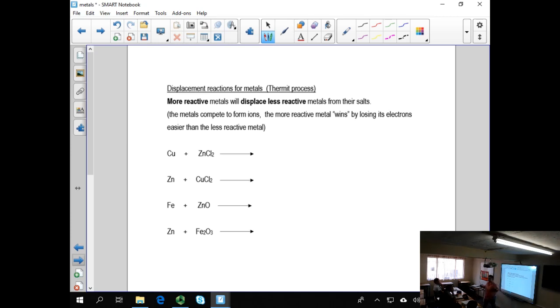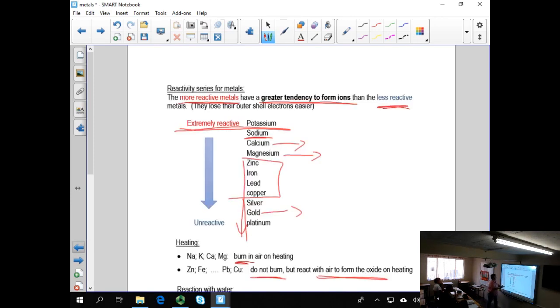Zinc coating or gold plating or whatever. The galvanized iron sheets on the roof, they've been galvanized. It's iron dipped in zinc. The zinc is more reactive than the iron. All right?